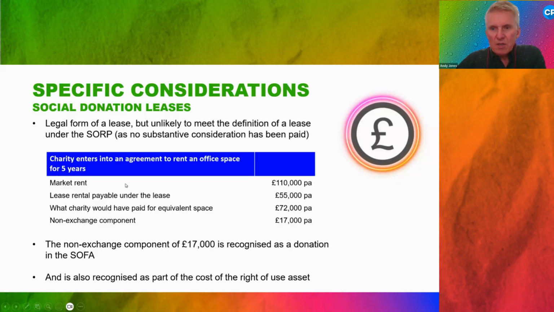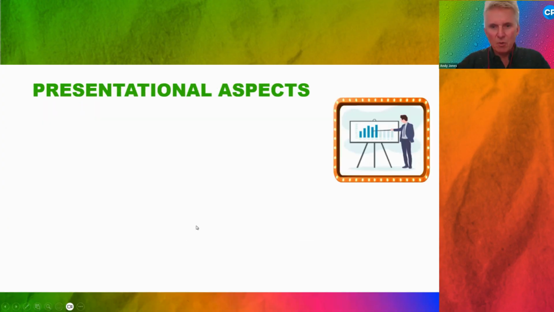A couple of presentational aspects. Once you've done all of this, you've identified what leases you've got, you've worked out what exemptions might apply, you've worked out your discount rate, done the calculations of your lease liability and your right of use asset, and done all the calculations, so you know what you're looking at. A couple of presentational aspects of what impact this is going to have on the accounts.